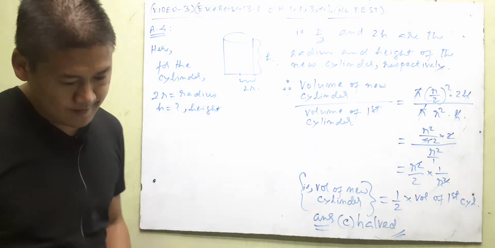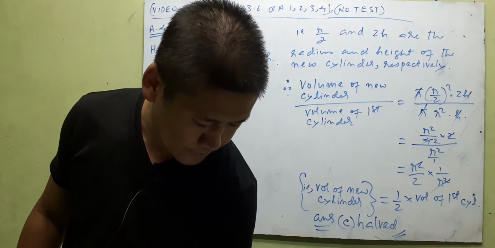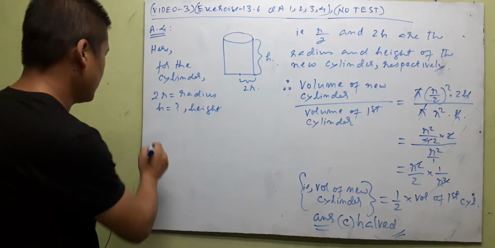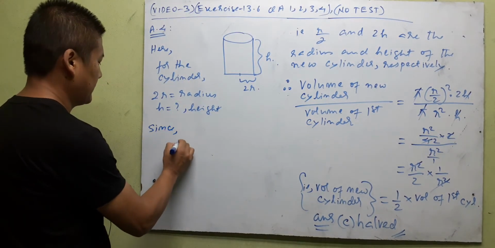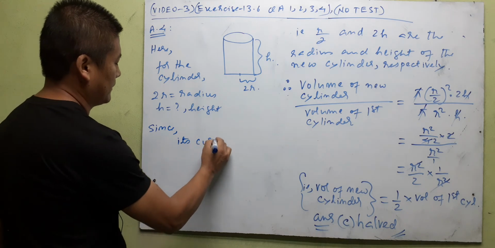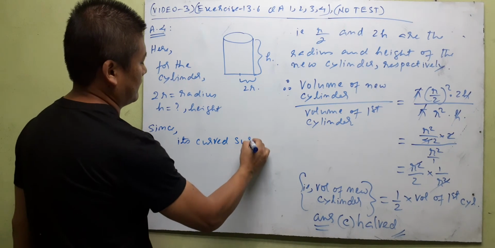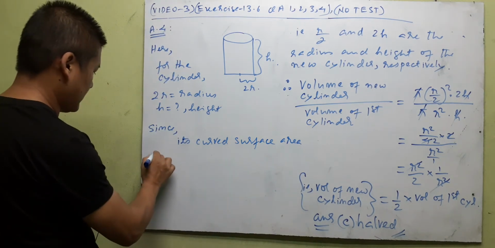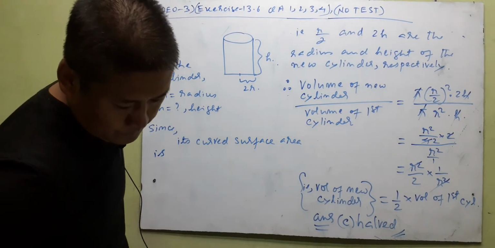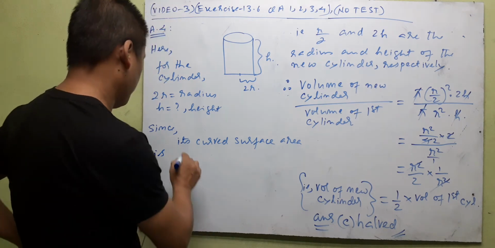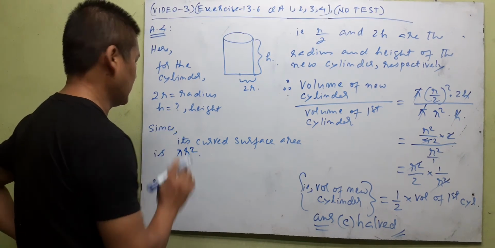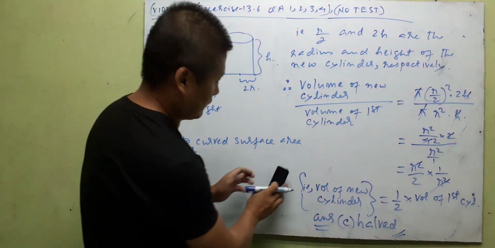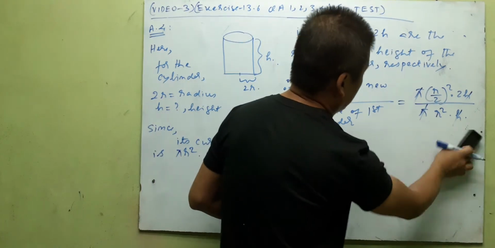Then you have to find curved surface area. Since the question is saying its curved surface area is, according to the question, pi r square. So pi r square is given. So with this we have to find out what is told to us.